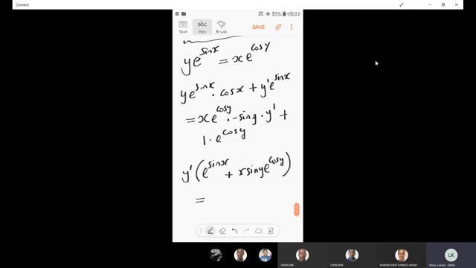Then on the other side of the equal to sign, this term here did not have a y prime, so I have to take it to this side with e to the power of cos y. Okay, so on the other side I have e to the power of cos y.